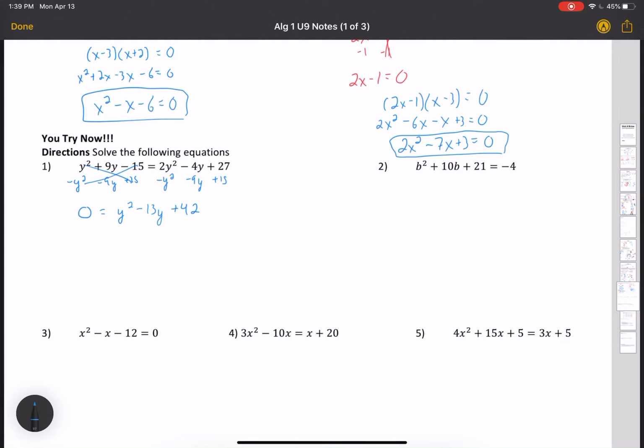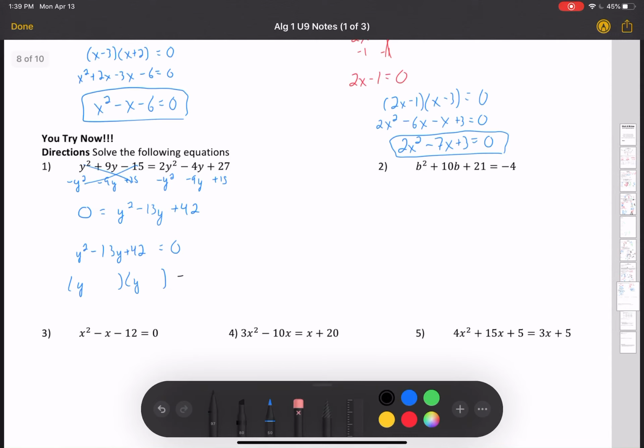Usually I like to have the equal 0 on the right-hand side, so I'm just going to flip things. I'm going to have y squared minus 13y plus 42 on the left. I'm going to have the equal 0 on the right. And then from there, you can factor this. Okay? So we have y. Got to remember that this is still an equation, so equals 0.